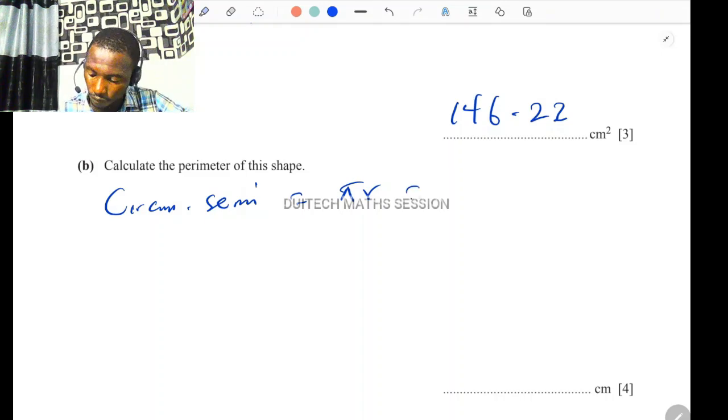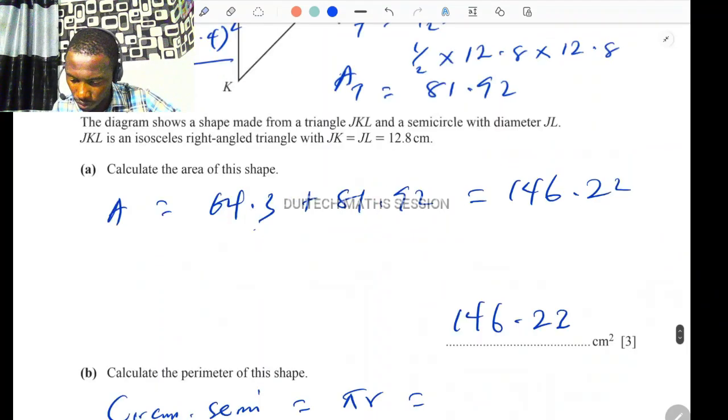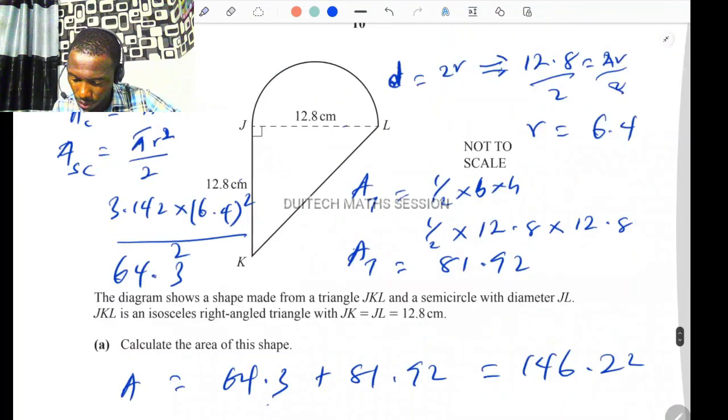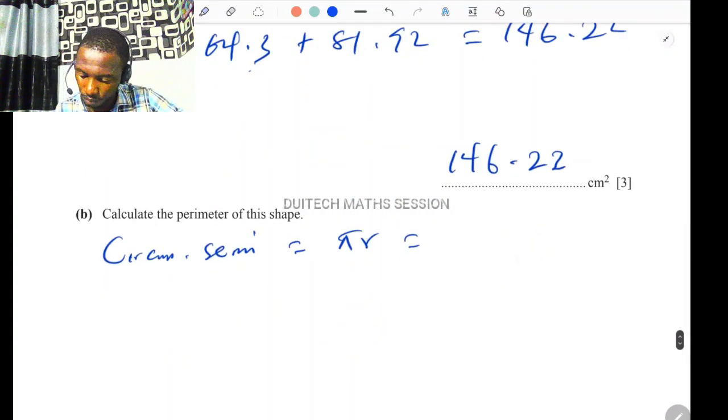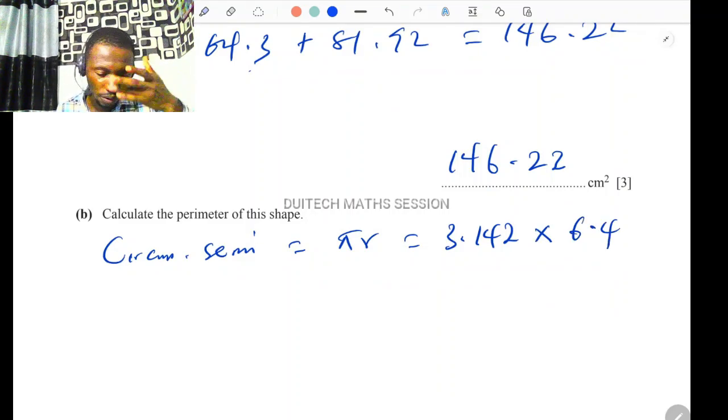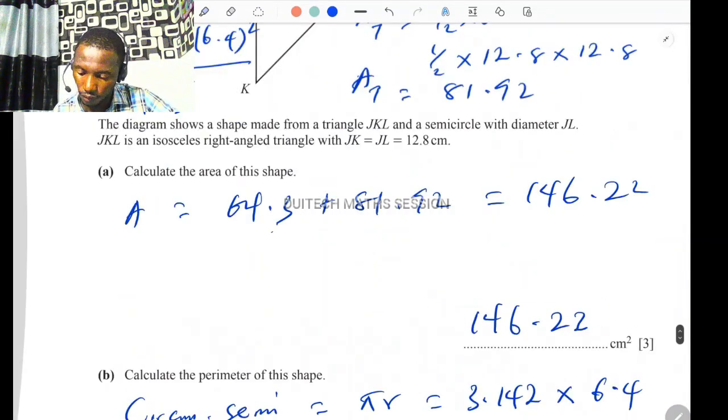So now I'll be having 3.142 times 6.4 equals 12.8, divide by 2, times by 3.142. So here I have 20.1.